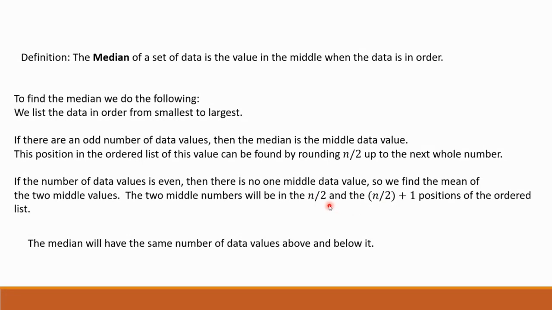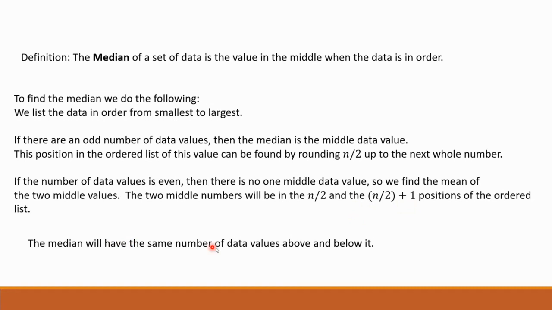So again, if n is even, you divide by 2, and you also add 1 to that number. You'll have a number in this position and a number in this position. The mean of those two will be the median, and that number may not be in the data set. That's what the median will be.